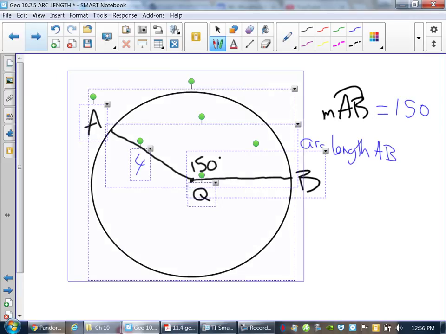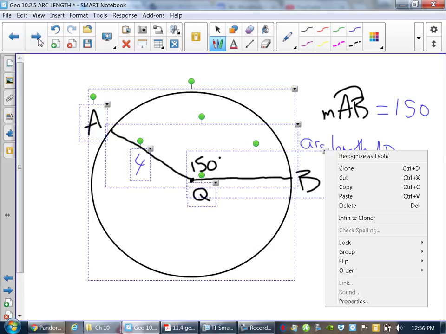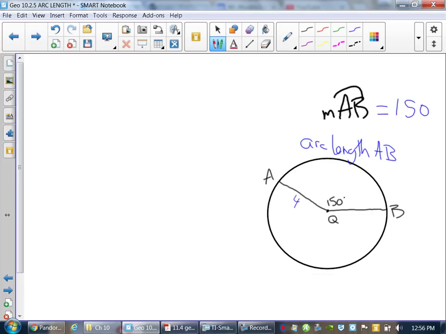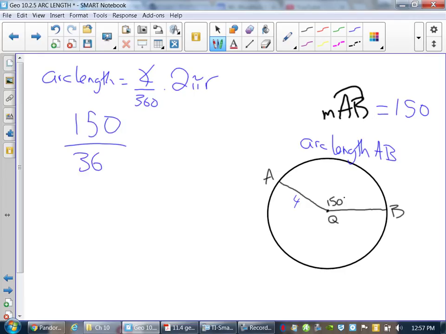So if 4 is my radius, my arc length is angle over 360 times 2 pi r. I just fill in the blanks: 150 over 360 times 2 times pi times 4.